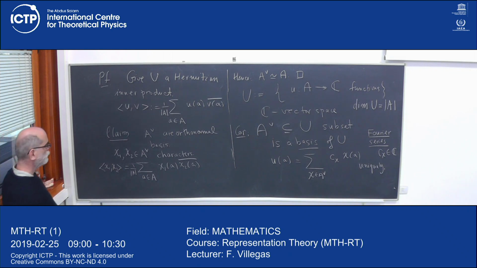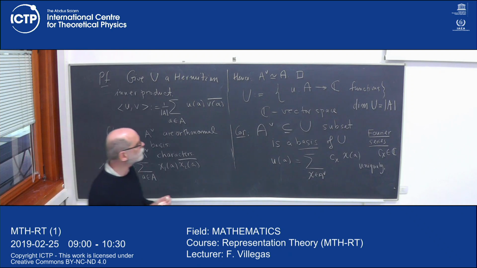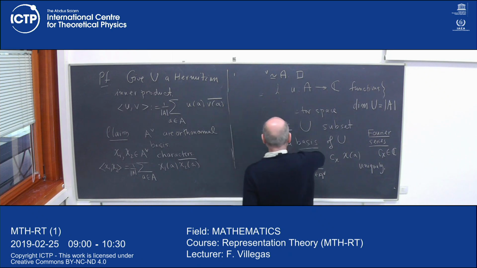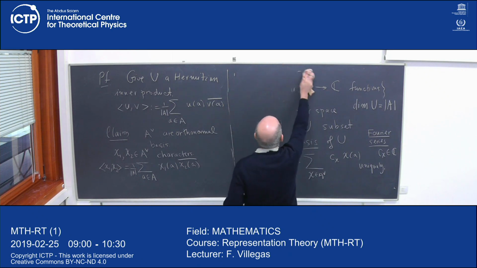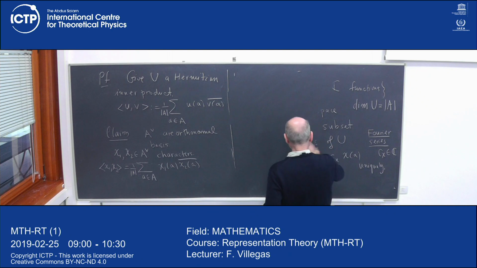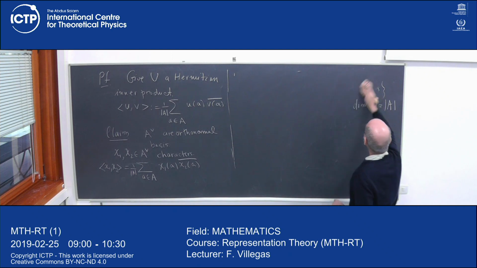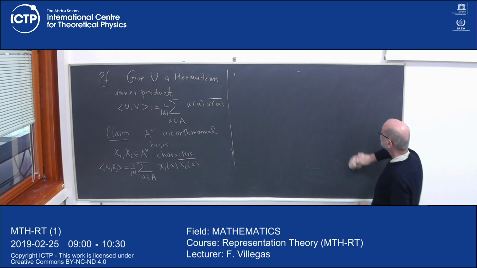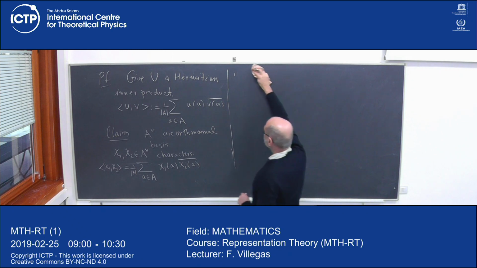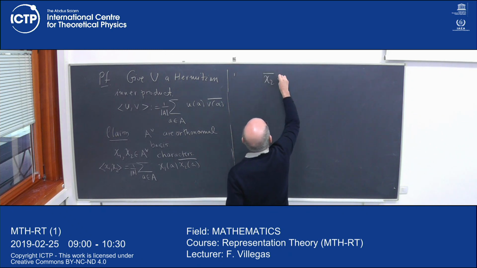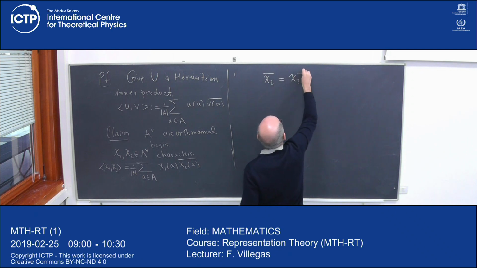The inverse, because as we argued in general, the values of this character, since we map into something of dimension 1, a 1 by 1 matrix, it's its own eigenvalue, and the eigenvalues are roots of unity. So chi2 bar is in fact chi2 inverse.